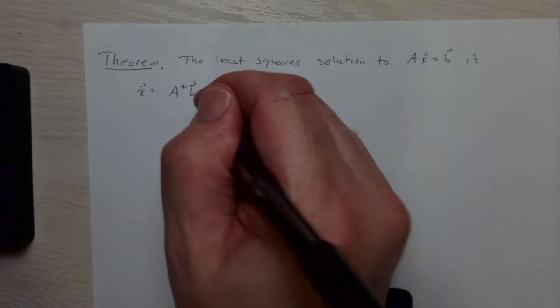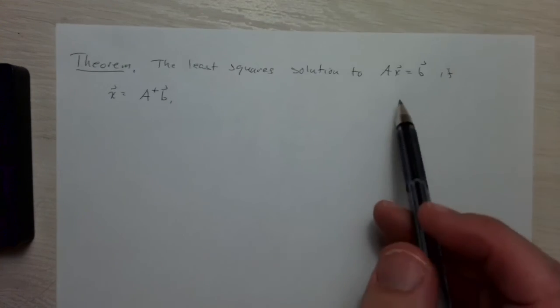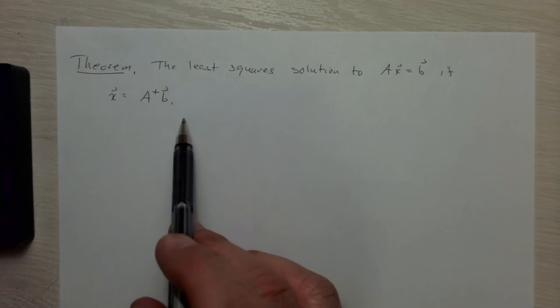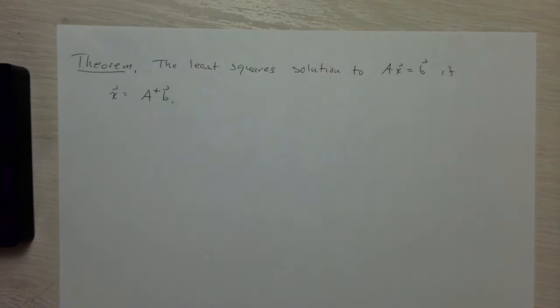And of course, obviously, when A is just a regular invertible square matrix, A plus is just A inverse.